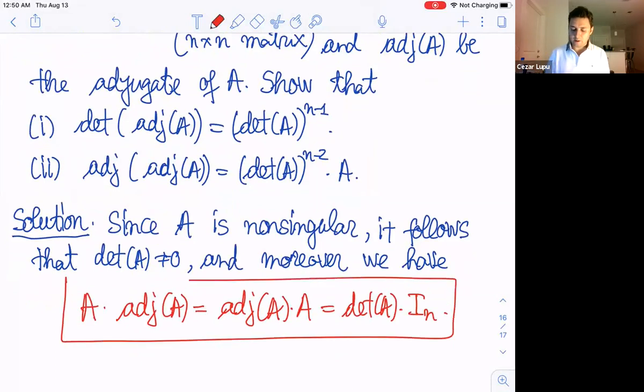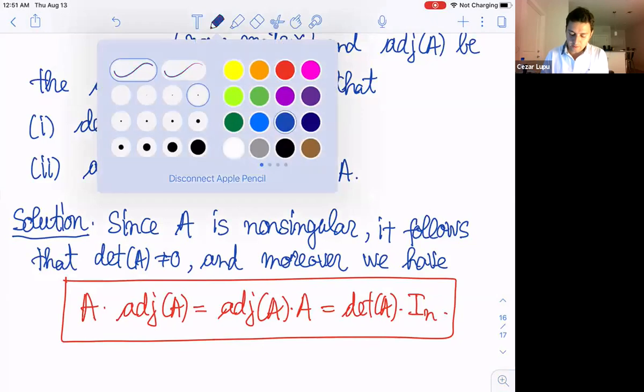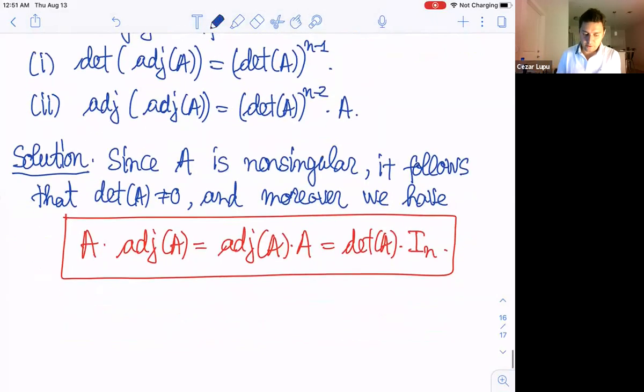So that's the relation we need to keep in mind. Well, now guess what? Let's look at the first one. I'm trying to find some information about the determinant of the adjugate of A. Well, it's quite natural for me at this point to apply the determinant to one of these equalities. Applying the determinant.